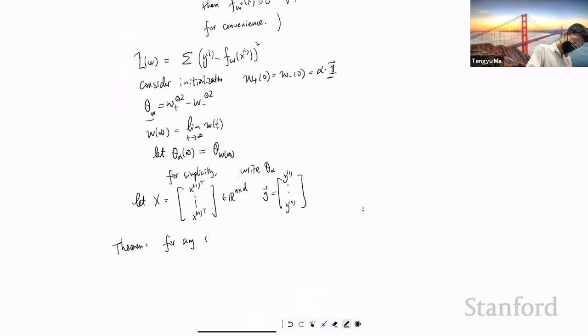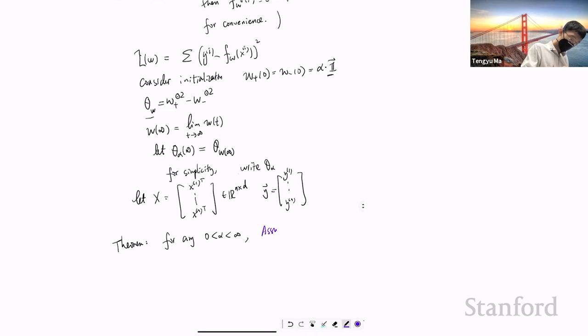So for any alpha, assume that you converge to a solution that fits the data, in the sense that X theta alpha equals y vec.